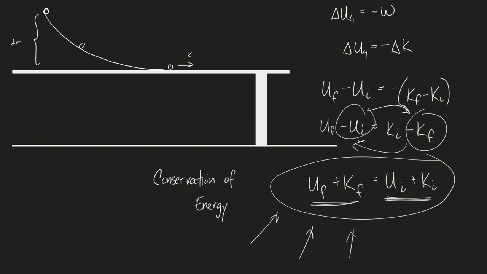If there's no outside work done, honestly, no friction or you pushing on the ball, and all we have are conservative forces, the energy before an event will have to equal the energy after an event.